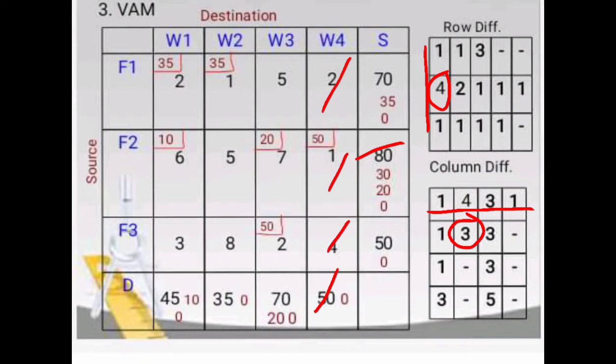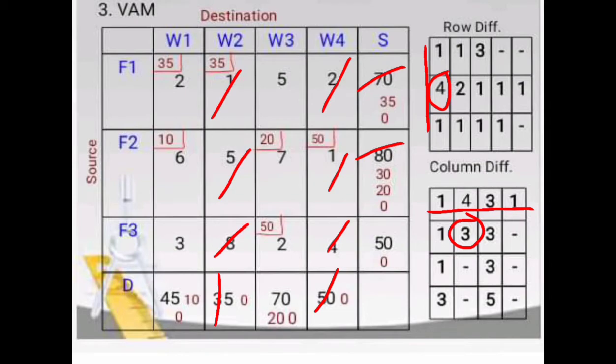The least value here is 1. From the supply we have 70 and from the demand we have 35. 35 is the lesser value, so we allocate 35 here, and then cancel out from the demand. 70 minus 35, the remaining is 35. Because the demand has been satisfied, we cancel out the following cells.